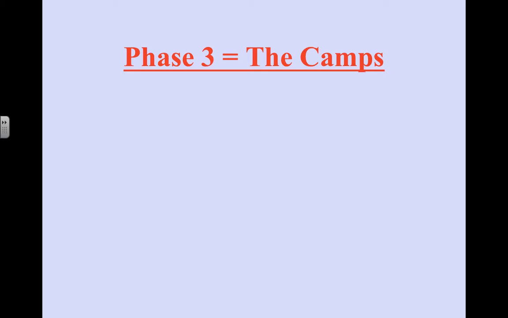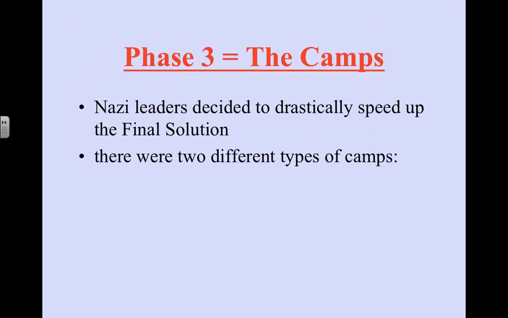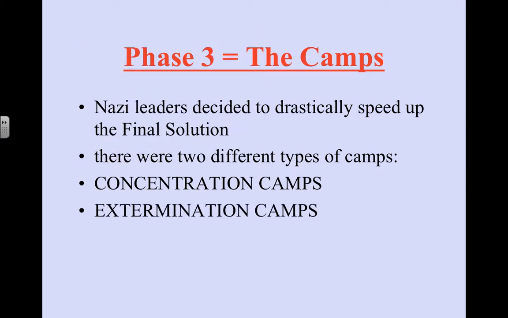Phase 3, the camps. Nazi leaders decided to drastically speed up the final solution. There were two different types of camps: concentration camps and extermination camps.